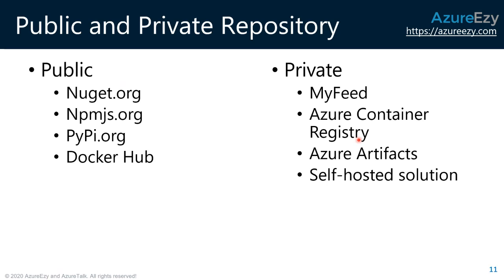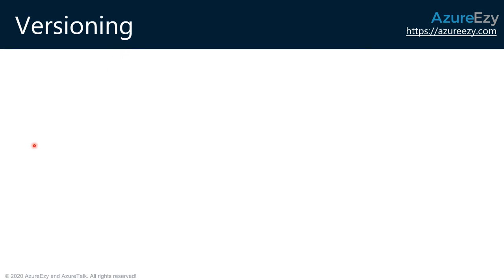JFrog Artifactory. Now, when you put your packages on any package management system, whether public or private, you have to make sure that when you publish your packages, you are actually publishing your dependencies. As we have already discussed, suppose there are certain components like A and B, and you want to host them on your server, which is your package management system.